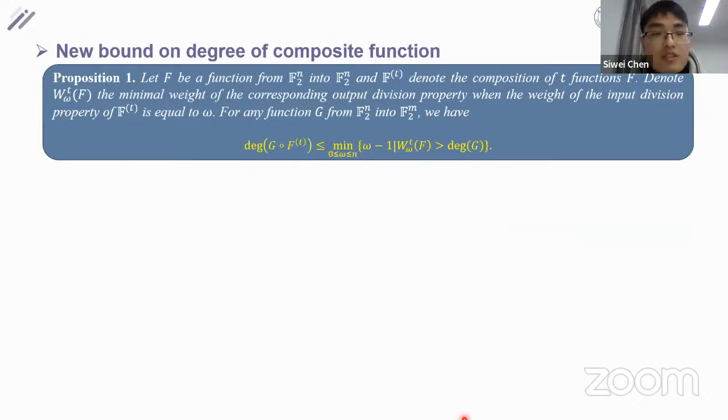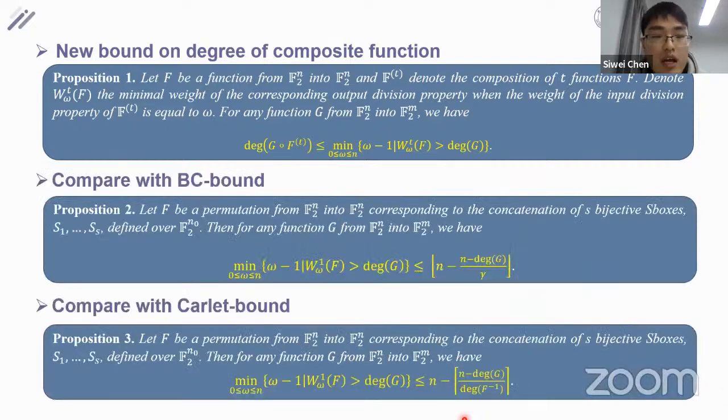It's a new bound on the degree of the composite function of G and F^t, and t is a flexible integer. So in the case of t being 1, we can have these two conclusions. They indicate that our new bound is more accurate than the BC bound and the Carlet bound. The proofs of the two conclusions we omit here. If you are interested in them, you can refer to our paper.